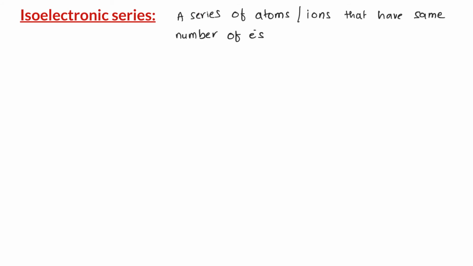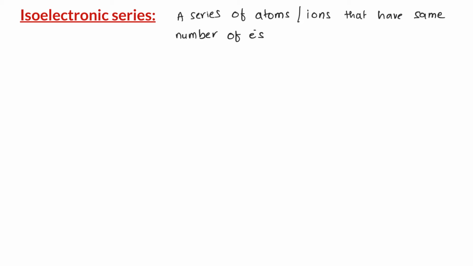A type of question that you may be asked in the exam is, we give you an isoelectronic series and ask you to arrange the atoms in the series in increasing or decreasing order of their atomic radius. An isoelectronic series is a series of ions or atoms that have the same number of electrons.